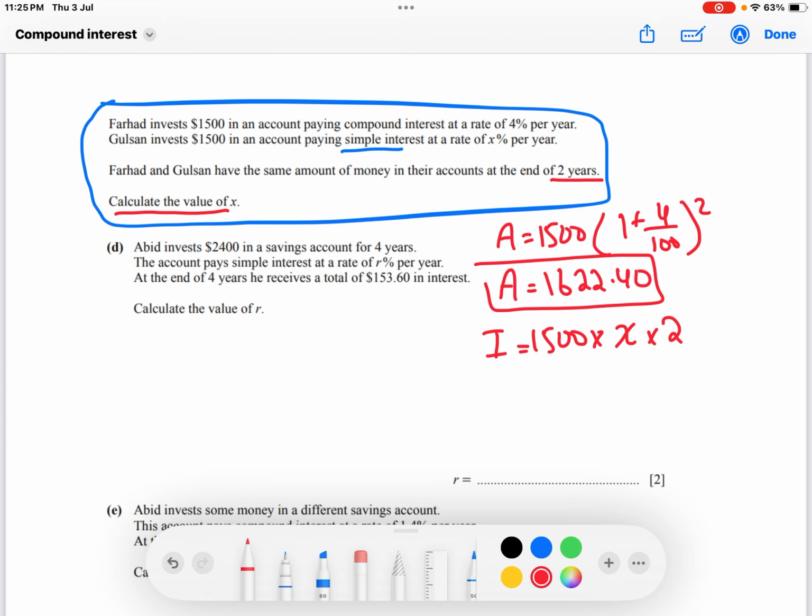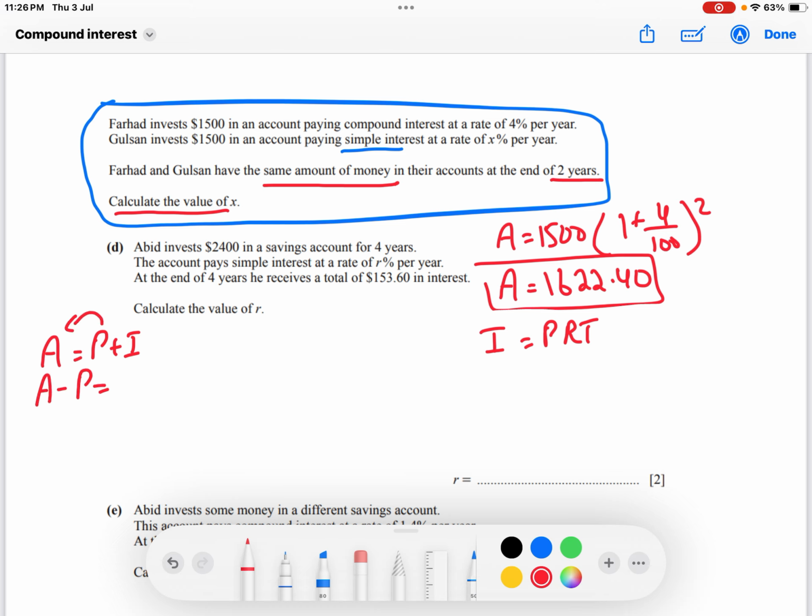Now there is one thing we need to change in this question. You can see they have the same amount of money, but this formula will not give me the amount, it gives me the interest. We know that amount is equal to P plus interest. If I move P to this side, it becomes A minus P is equal to interest.